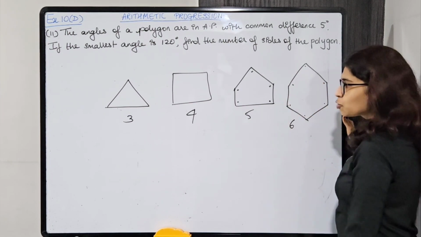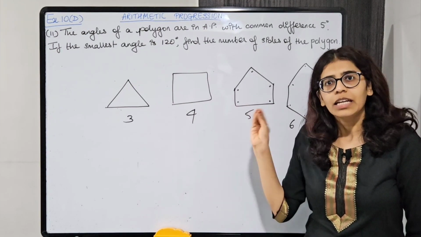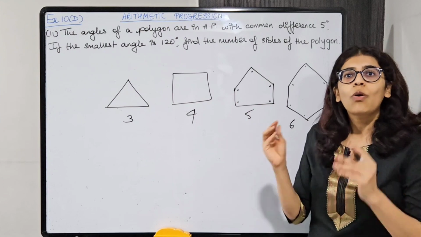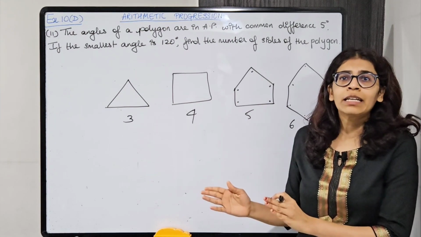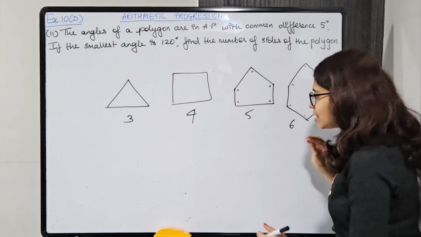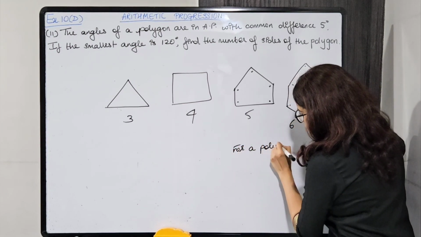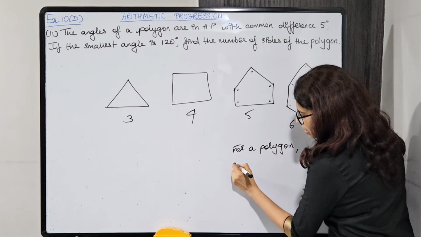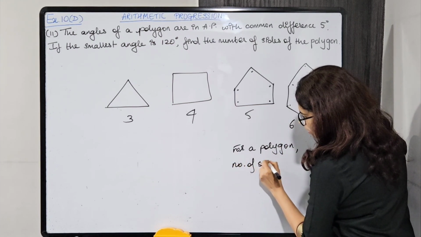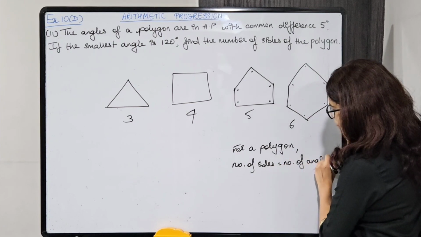So the number of sides is equal to the number of angles. Right? So if it is an n-sided polygon then there will be n angles. Right? So I can say that for a polygon, number of sides is equal to number of angles.